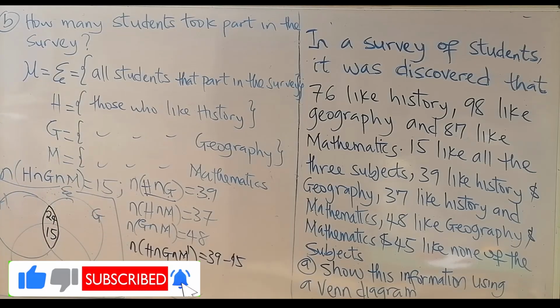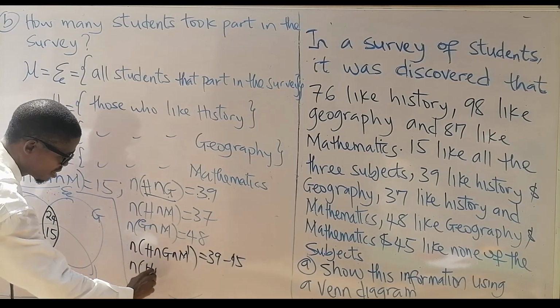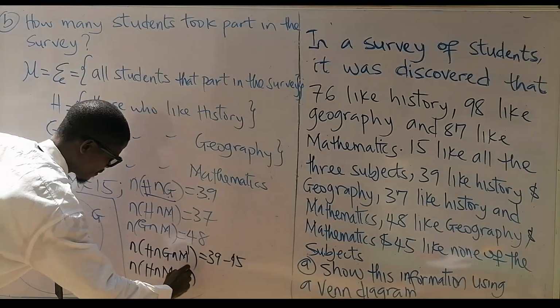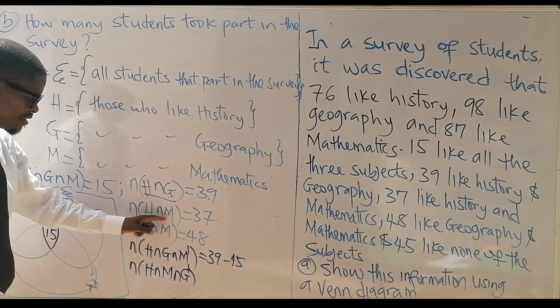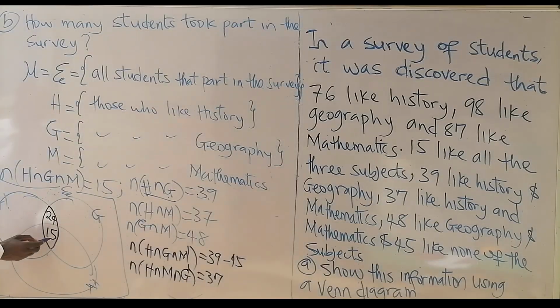Then the next thing you do now is to get the history and mathematics. History intersect mathematics, excluding geography. History and mathematics is 37, then minus this 15, which is also taking part.